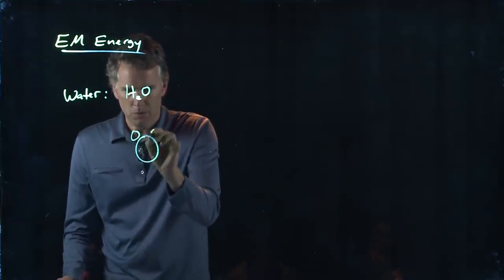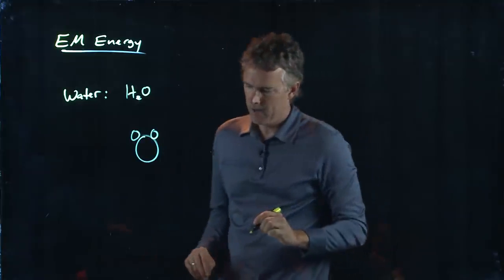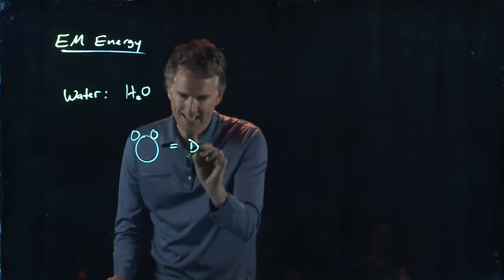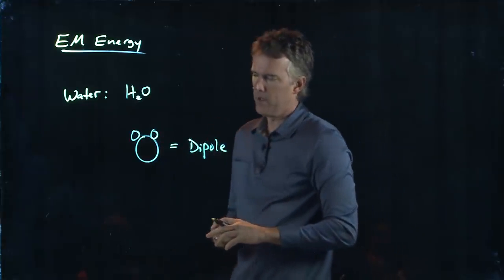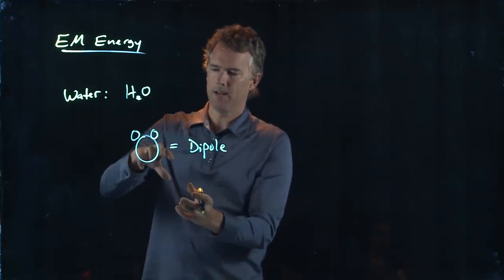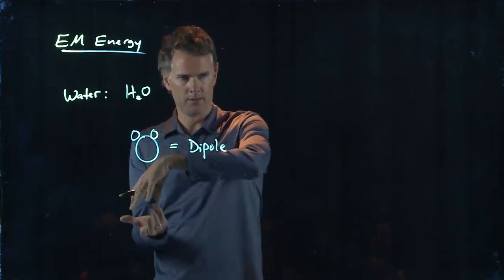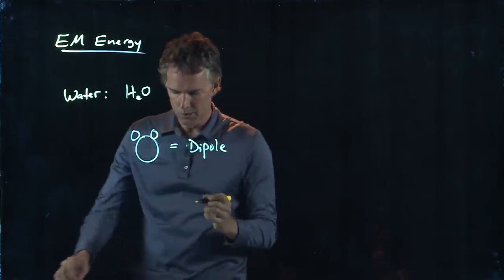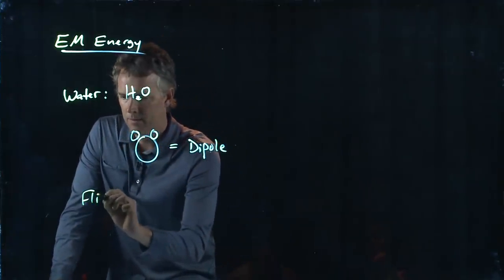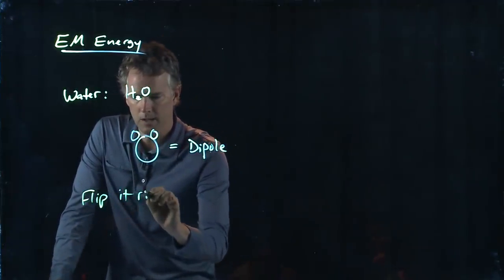Water is H2O. It looks like that, but it also has a dipole moment to it. And so if we flip this thing to the right, and then flip it to the left, and flip it to the right, and flip it to the left, we can do that. Yeah, and you'll get a little seasick.